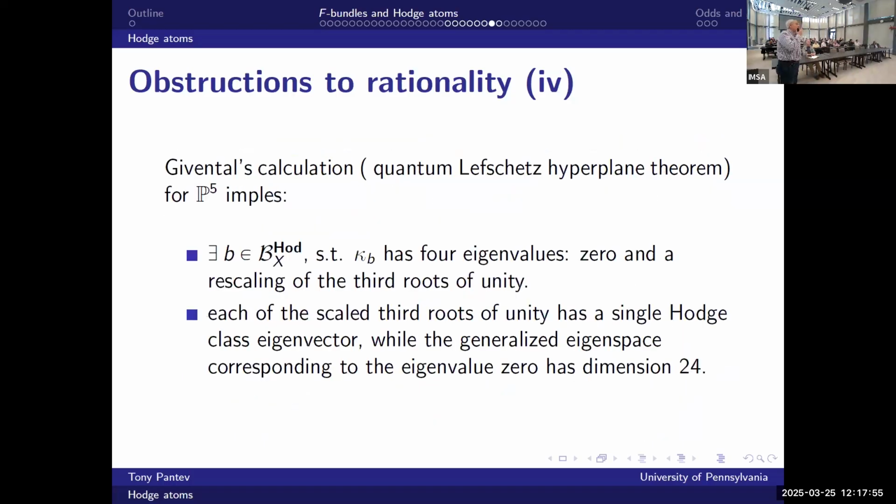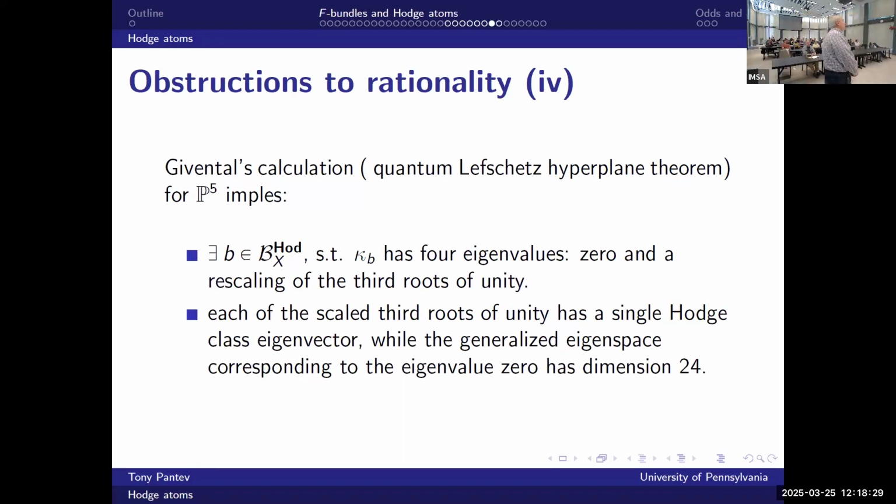So it all boils down to a classical theorem of Givental, which is the quantum Lefschetz. It's actually the quantum version of the Lefschetz hyperplane theorem for projective spaces. And when you do it for P5, you can use Givental's calculation and well, somewhere it's not completely obvious, but you need to work a little bit.